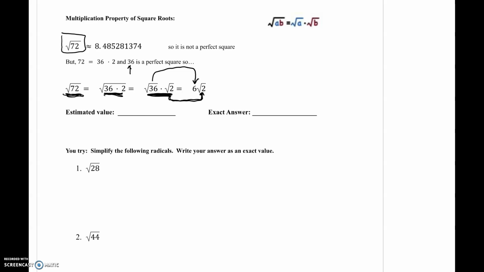So our estimated value for the square root of 72 is 8.485, but our exact answer is 6 root 2, 6 times the square root of 2. If you were to go to your calculator and type in the square root of 72 and type in 6 times the square root of 2, you would see that it's the same number. This 6 root 2 is our simplified radical form.